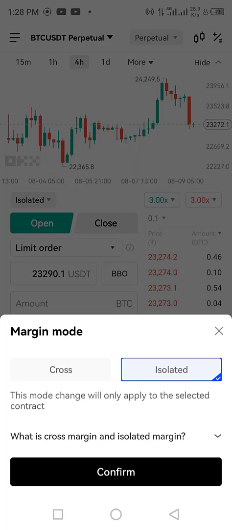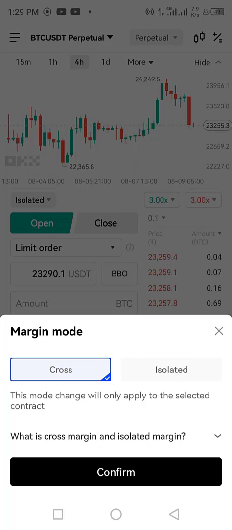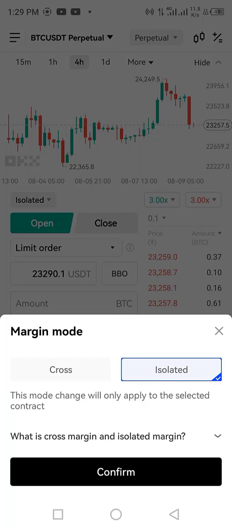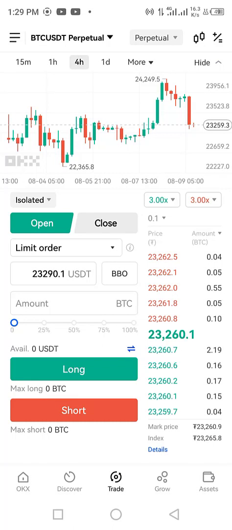The remaining 80 will still be in your futures account untouched. That's the main difference between cross and isolated margin mode. It's always advisable you use isolated margin mode so that you define your risks and what you are willing to lose beforehand. So I click confirm here.